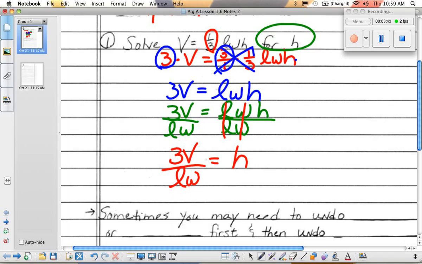Does anybody happen to know what B equals 1/3 times LWH is the formula for? What is the formula that we started with? What do you think capital B stands for, you guys? Volume.